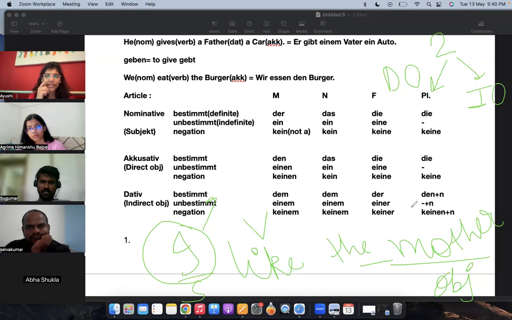Abha, would you like to explain in detail what is the difference between direct object and indirect object? Because you are pro in English. Yeah, sure. A direct object is where the action is received by someone or something directly.